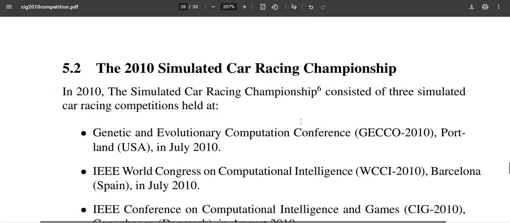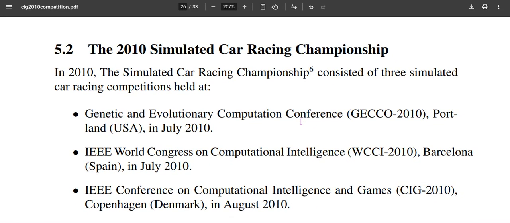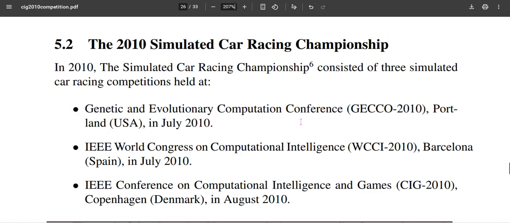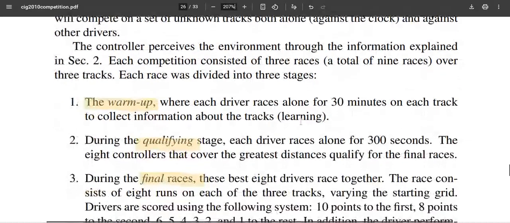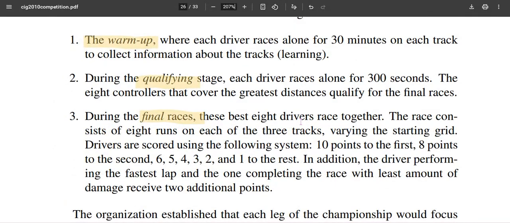Then some of the results show that they participated in the 2010 simulated car racing championship, and a different setup was used during the warm-up conditions, the qualifying stage and the final races. The warm-up and qualifying stage determine the best first 8 bots that will be utilized for the final races.